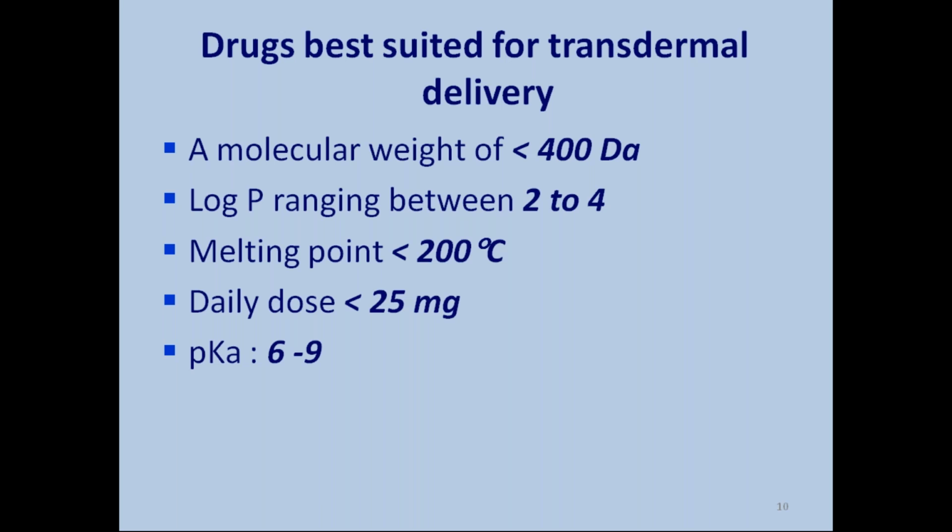So these are the prerequisites for selection of any drug for transdermal delivery. The other thing is, it is preferable to go with drugs meant for chronic administration, and drugs with a very short half-life, less than 10 hours, are suitable for transdermal permeation. Is it clear? Very important slide for you. Is it clear?